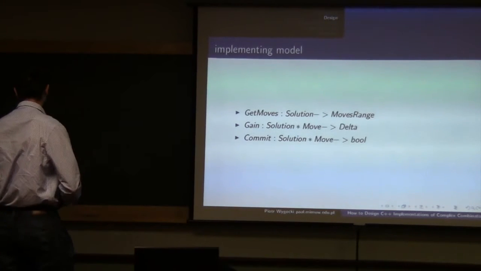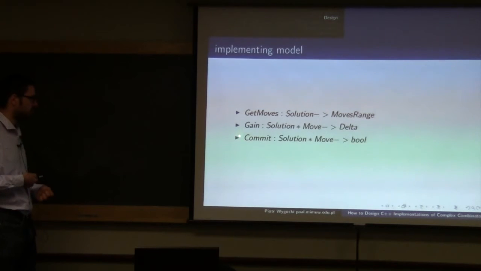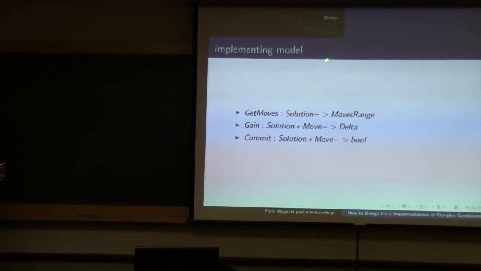And these are, conceptually, the things that we need to know to implement our algorithm. For a given solution, we need to know what are the possible moves that can improve this solution. And for a given solution and given move, we need to know how good this move is. So it returns delta, which if it is positive, it means that this move is improving. If it's negative, it means that this move is non-improving.